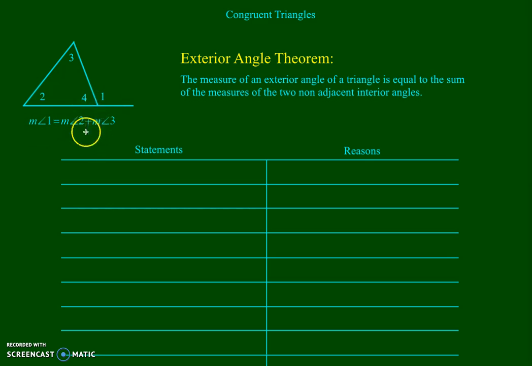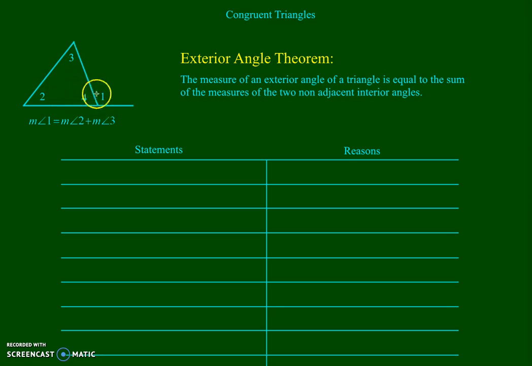As we've talked about before, the best way to proceed with proofs is to have some idea of a plan for your proof. What is it that you're going to try to accomplish? We know we're trying to get to the measure of angle 1 equals the measure of angle 2 plus the measure of angle 3. We can see that these three angles are going to sum to 180 degrees.